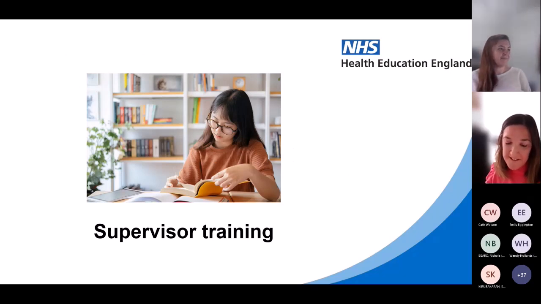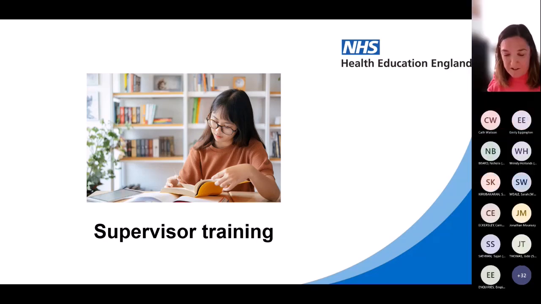Okay, thank you. So Sarah's just mentioned then that it's advised formal training for supervisors should be a minimum standard within good organisational governance for advanced practice. So part of the ongoing work within the faculties is looking at what sort of supervision training is already available out there, and we're working quite closely with our HEIs and organisations to help identify what's needed in terms of supervision training for advanced practice.